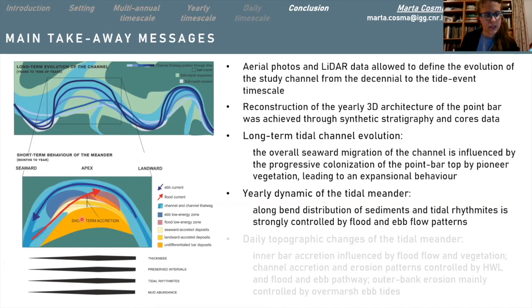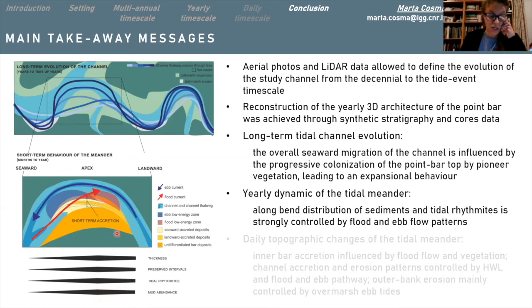And during high tide, during undermarch tide, there's usually overall deposition on the apex zone and landward side.